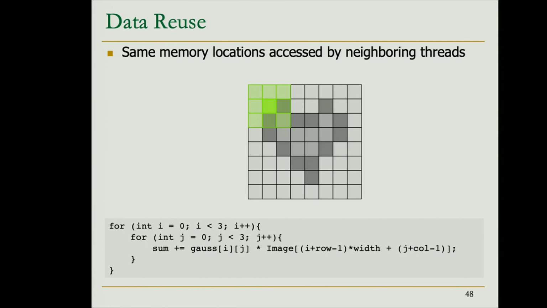So the computation that we need to do for each of the individual pixels is going to be something like that. This is the sequential code for this particular case, called Gaussian filtering. What we are doing here is accessing all these 9 elements: we take the 9 elements from the image, we take the 9 elements from the filter, and then we do the computation.